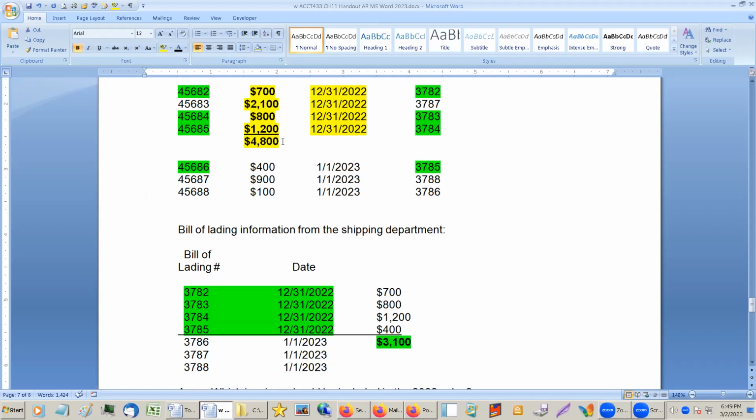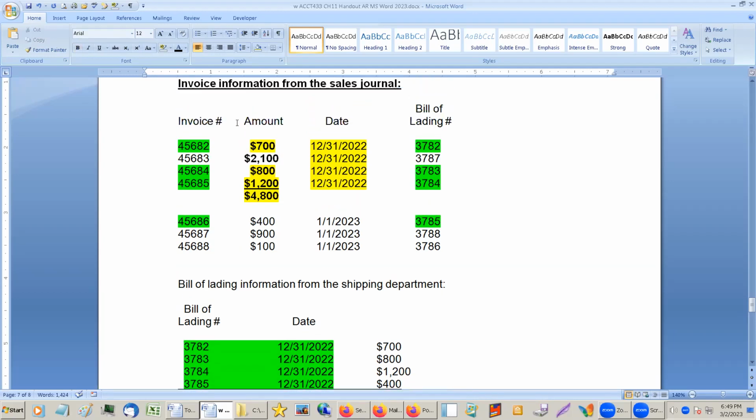They had 4,800 recorded on their books as happening before year end. The problem is this 2,100 didn't ship yet. It didn't ship until the 1st. So this one doesn't count. Basically we're actually losing this 2,100 and picking up this 400. That's a $1,700 difference.